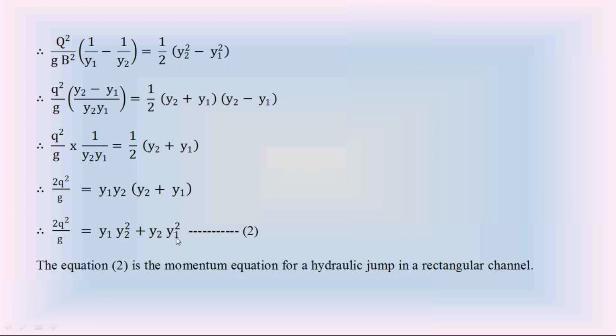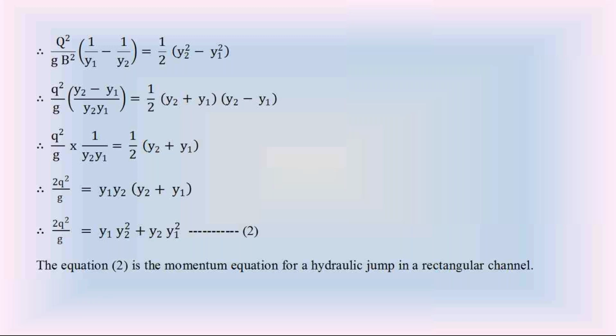So if the hydraulic jump is formed in the rectangular channel, from Newton's second law you will get F1 is equal to F2. The specific force at section 1 is equal to the specific force at section 2. In the specific force equation, A1 is equal to B into Y1, A2 is equal to B into Y2, Z1 bar is equal to Y1 by 2, Z2 bar is equal to Y2 by 2.